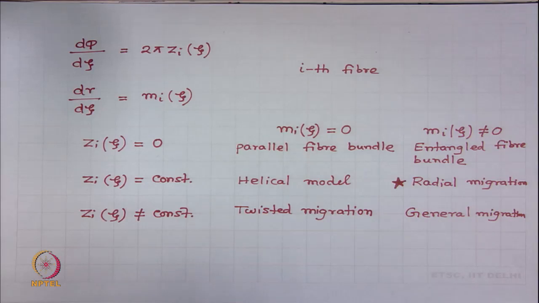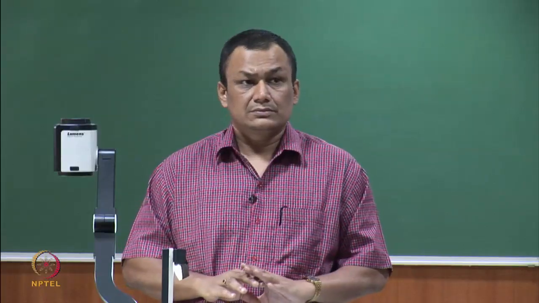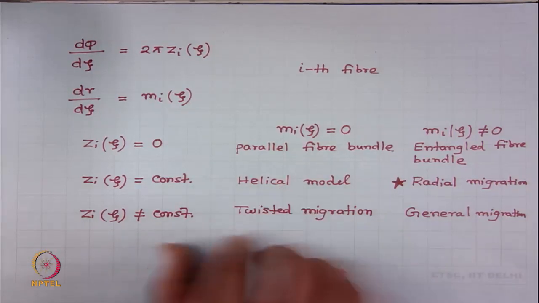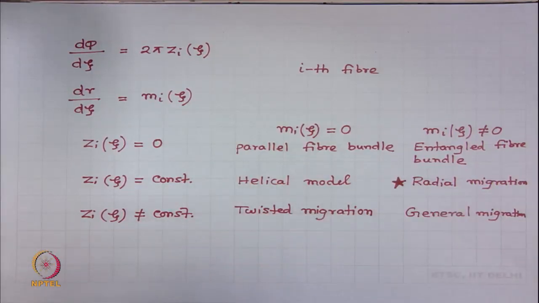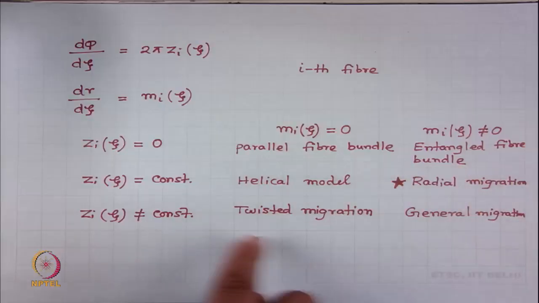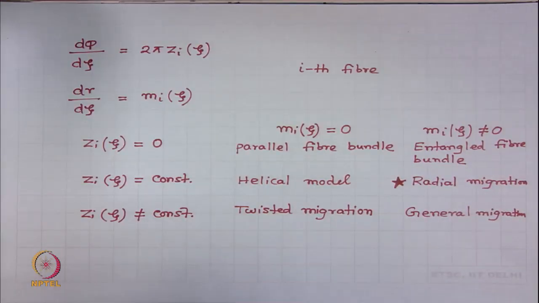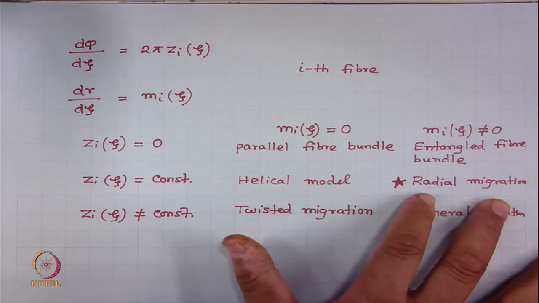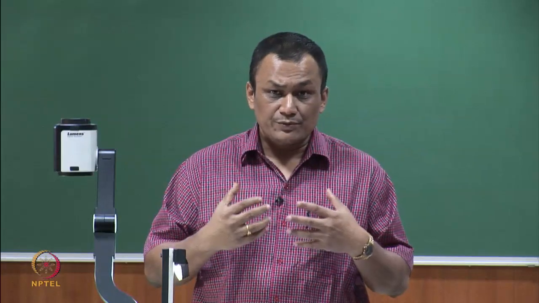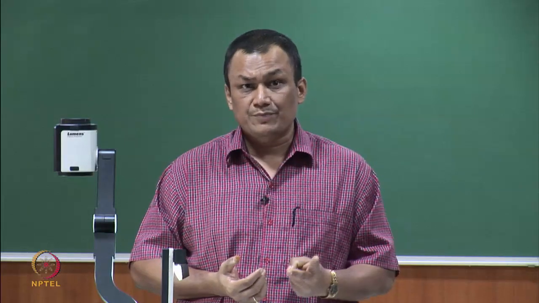Just to give you a note, there is a lot of knowledge available in yarn structure regarding parallel fiber bundle, helical model, radial migration. In some literature, certain ideas are also available on entangled fiber bundle and twisted migration. In this particular module, we focus on radial migration of fibers in yarn. So, for fibers to move radially, two conditions are very important.